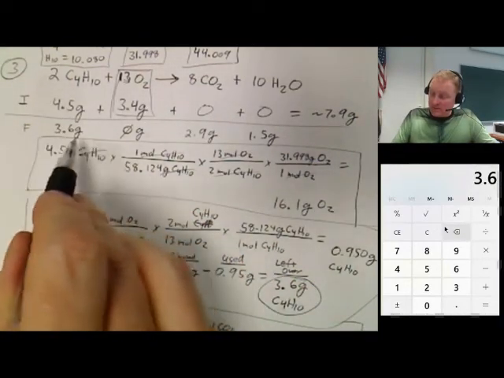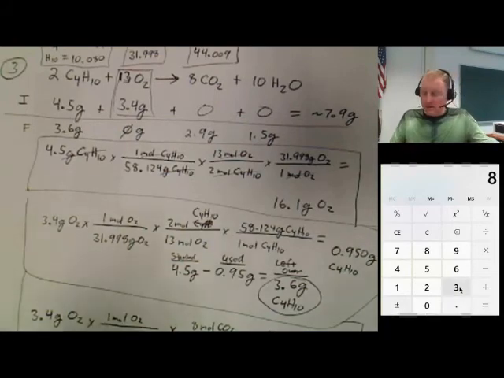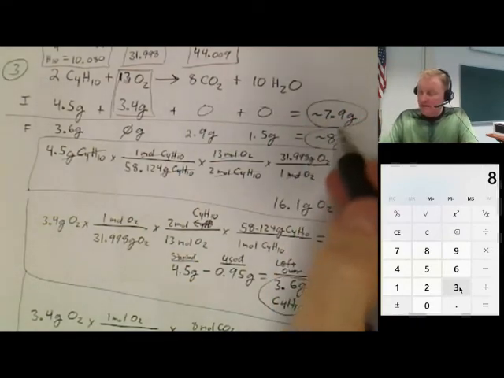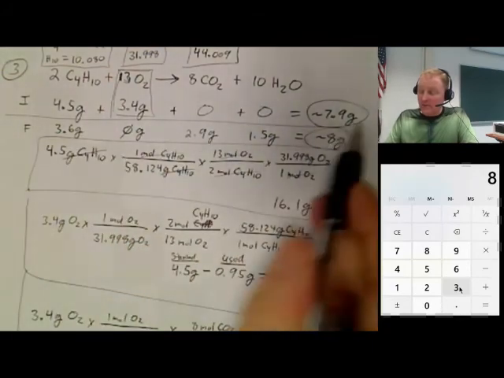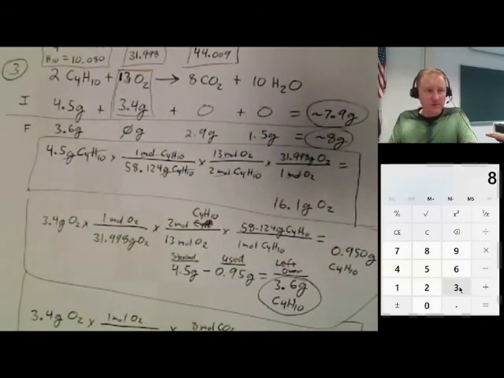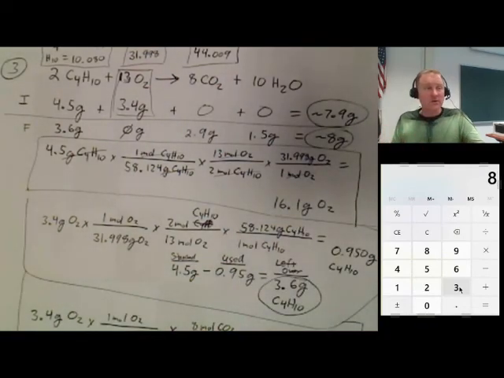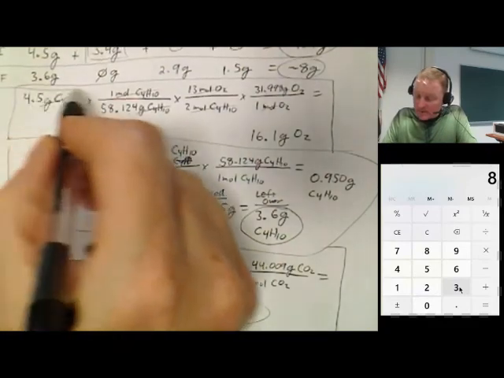Now we're going to add up these numbers here, plus 2.9 plus 1.5, and that's 8. So you can see within the estimate of that last significant figure that they're in range. If I would have not rounded off till this point with 2 significant figures, it would have been right on. So this is a good sign. If you're getting something significantly different, you know you did something wrong.